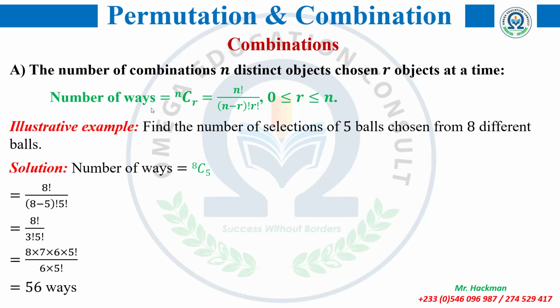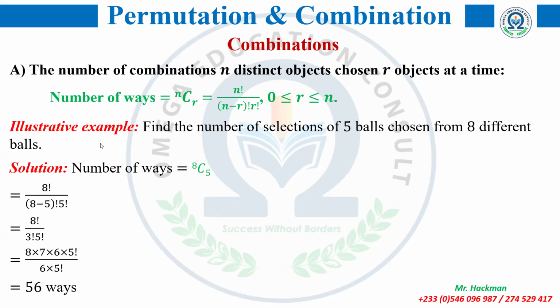The number of ways will always be n choose R, which by definition is n factorial over n minus R factorial, then R factorial. But we know that R must be between 0 and n. It cannot go beyond n, and it cannot be negative, just as your n cannot be negative.